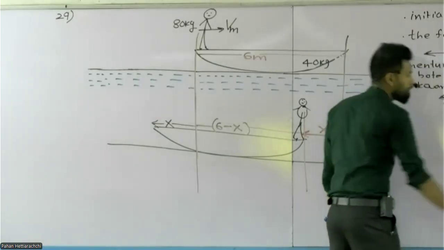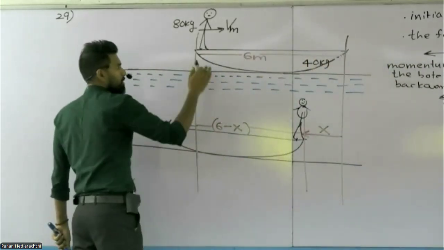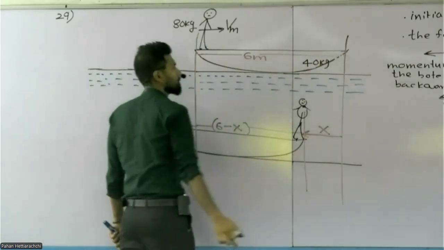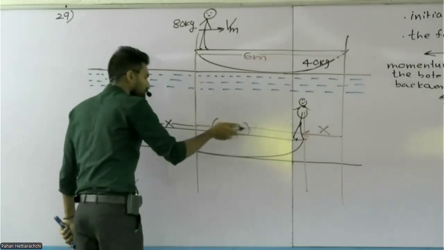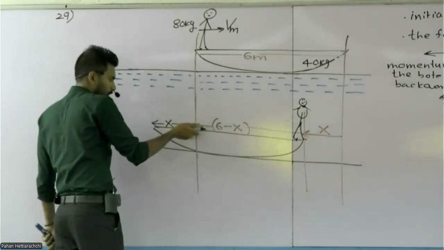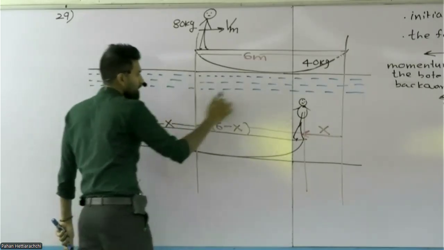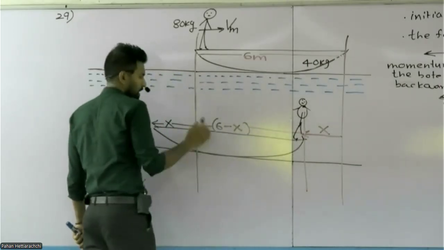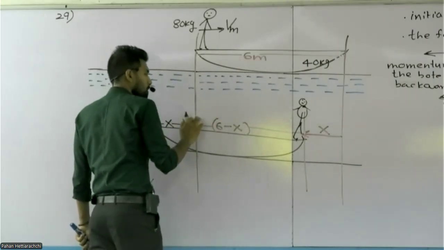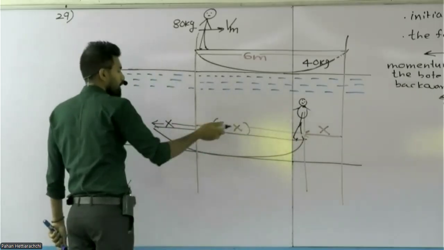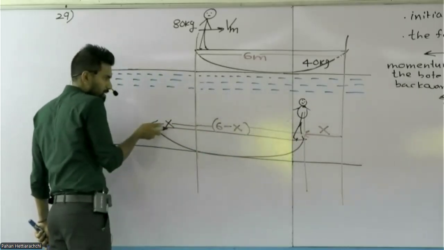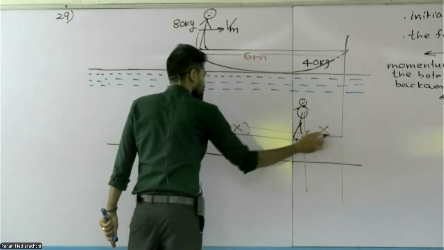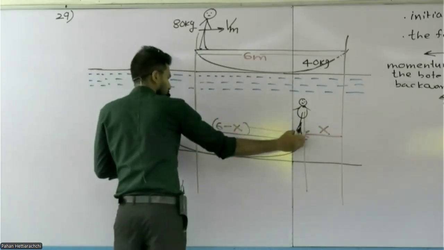You are moving forward, and what is your velocity? You don't need to walk 6 meters to reach the edge. Why? The boat is moving the other way by a distance x. So to reach the edge, you have to walk 6 minus x. When the boat moves the other way by a distance x, the other edge comes closer to you by x, because the complete length of the boat is a constant.